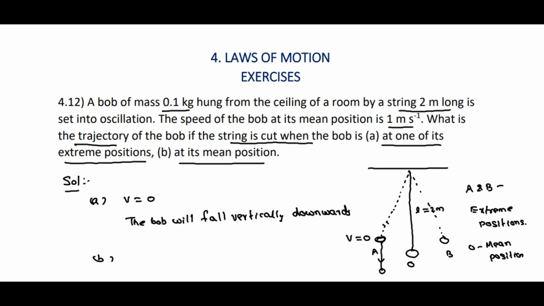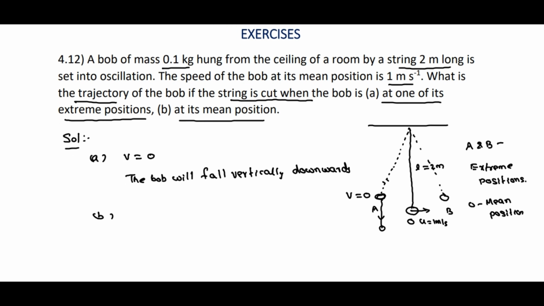Coming to B, at its mean position, the bob has certain velocity. The speed of the bob at its mean position is 1 meter per second. Suppose u is 1 meter per second. Now whenever the string is cut, it has horizontal velocity of 1 meter per second.